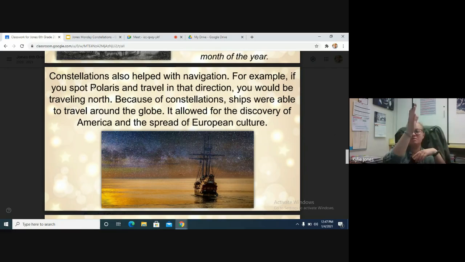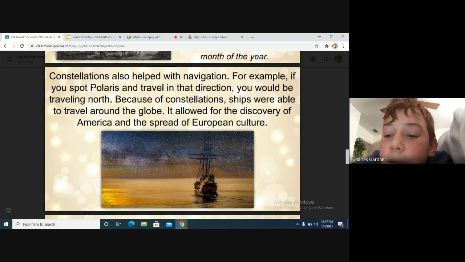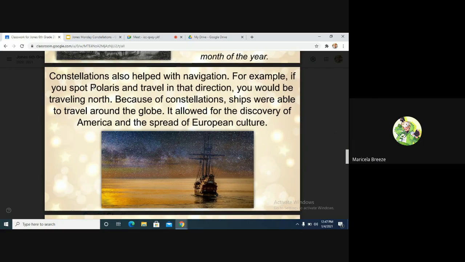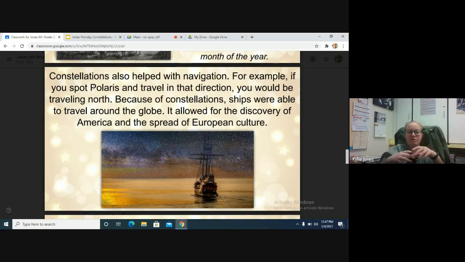So it helps people if they're out in the wilderness, or in this case on a ship. The North Star points north and tells them where north is. I've heard of the North Star, but not Polaris. Yeah, the North Star is the nickname for the star Polaris. So Polaris is its true scientific name, and then the North Star is just what people call it.